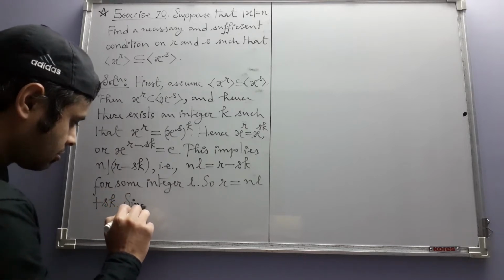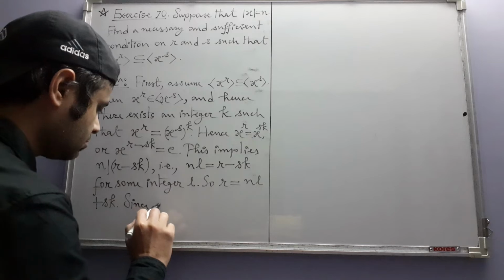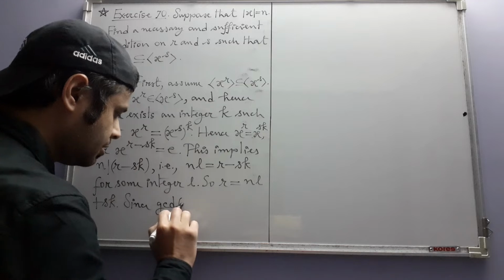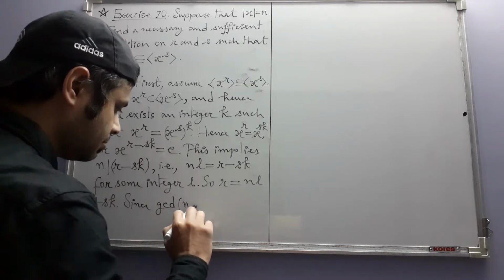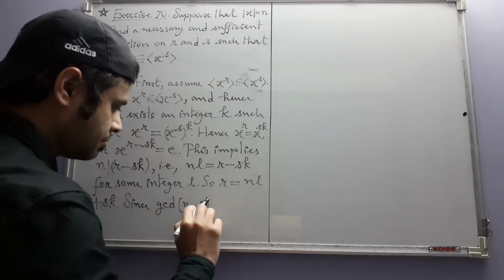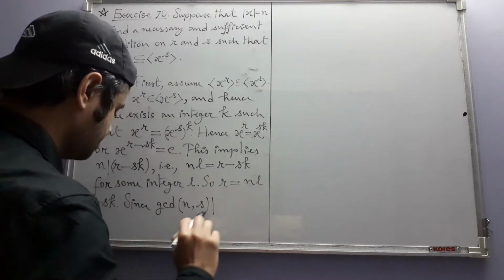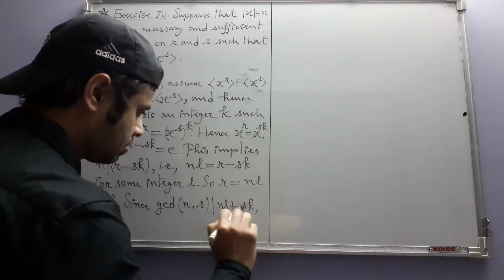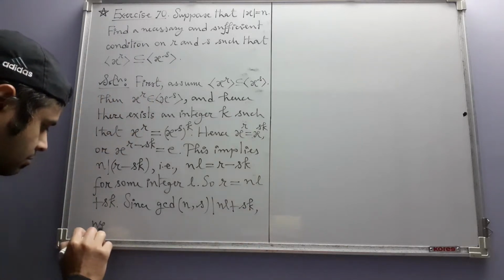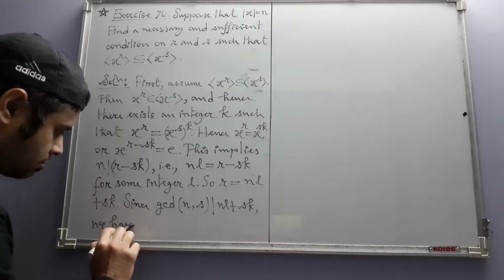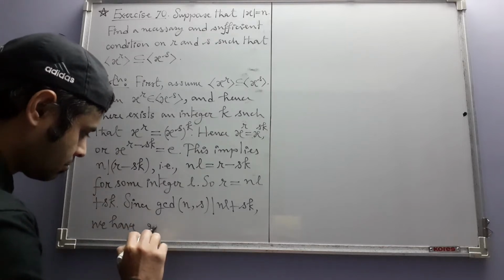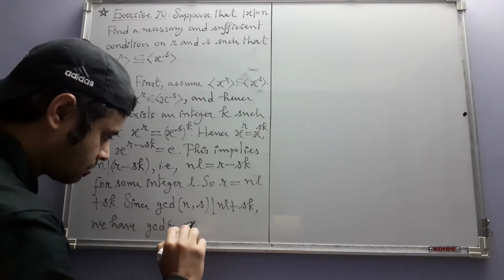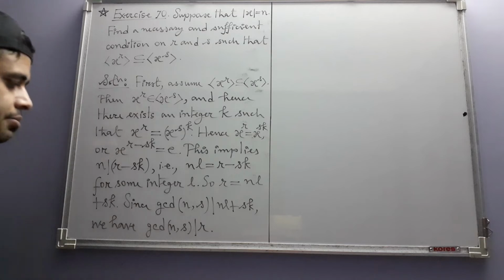Since GCD of n and s divides nl plus sk, we have this divides r.